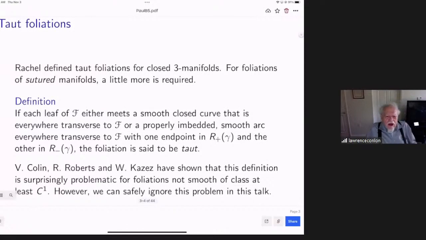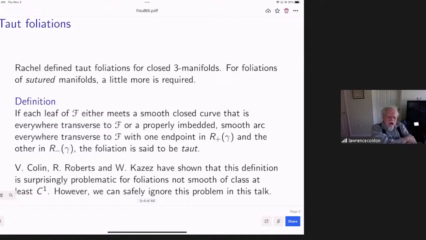Now, Rachel defined taut foliations for closed three manifolds, but for sutured manifolds, we need to modify the definition a little bit. So the definition is: if each leaf of F either meets a smooth closed curve that is everywhere transverse to F, or a properly embedded smooth arc everywhere transverse to F, one end point of the arc in R plus gamma and the other in R minus gamma, then the foliation is said to be taut.